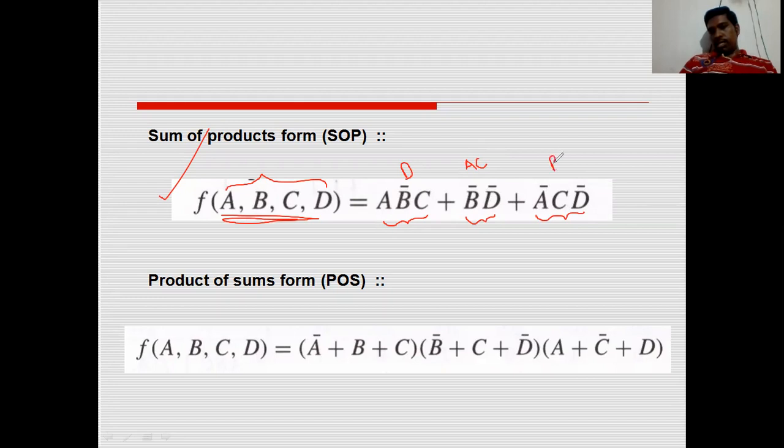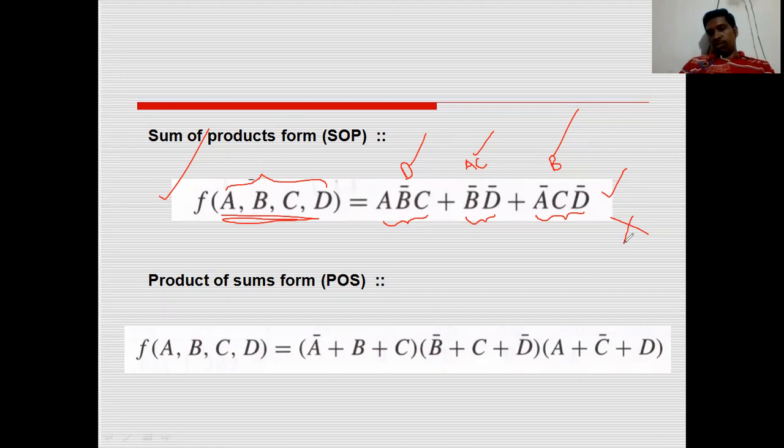That means when I observe the entire expression, in each and every term, literals are missing. So this given expression is not a canonical form. It is only a normal form. Why is it not canonical?